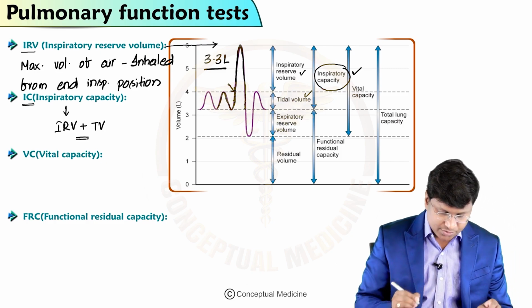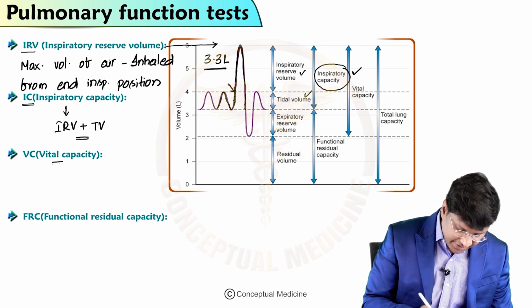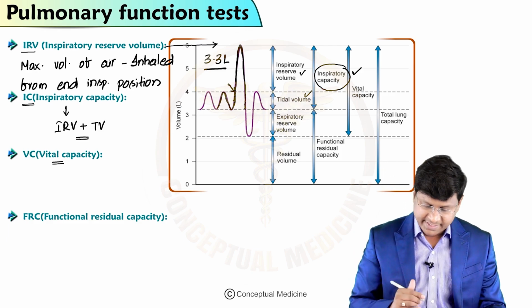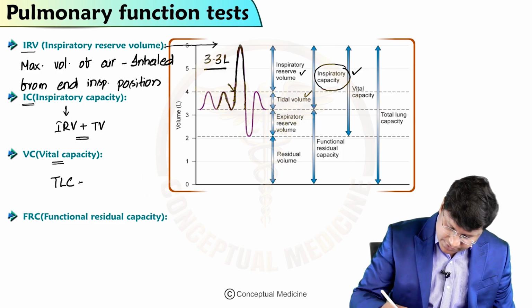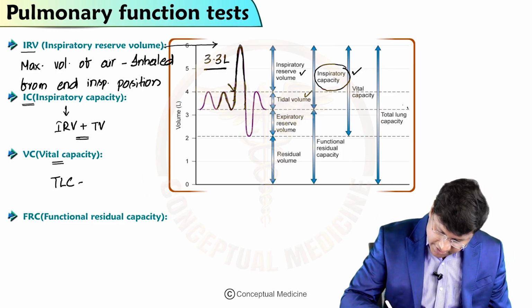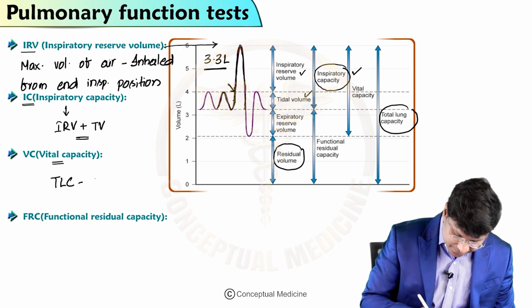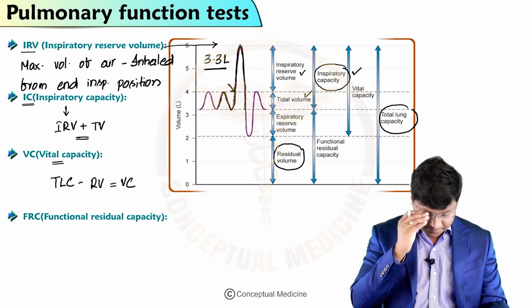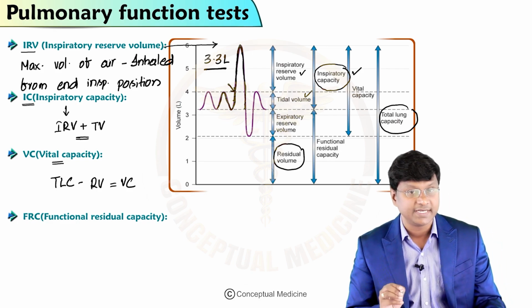Then coming to the vital capacity. So how do you define this vital capacity? It is very simple. Total lung capacity minus residual volume will be equivalent to that of your vital capacity.